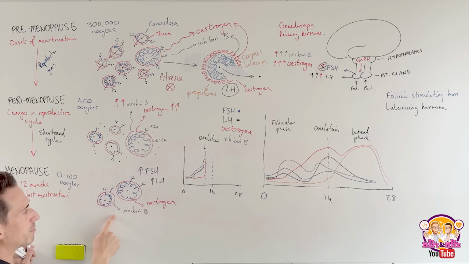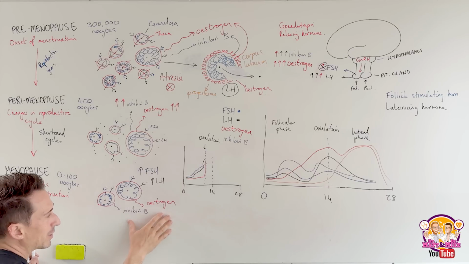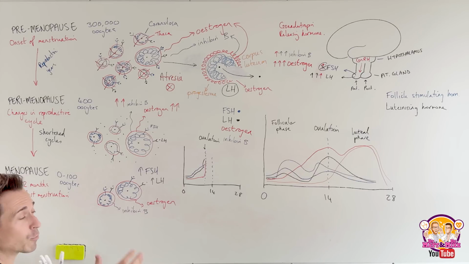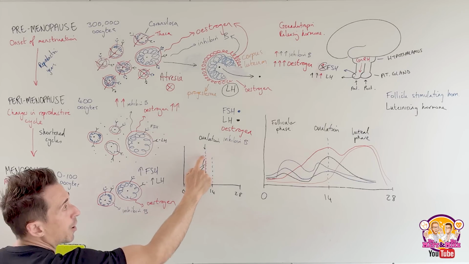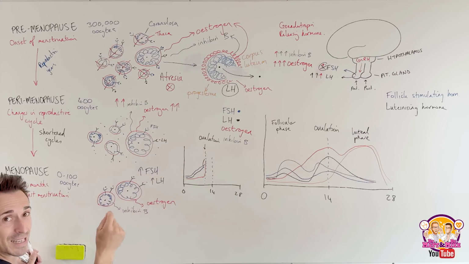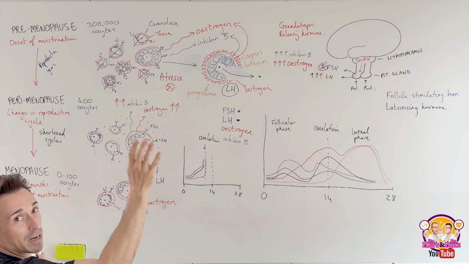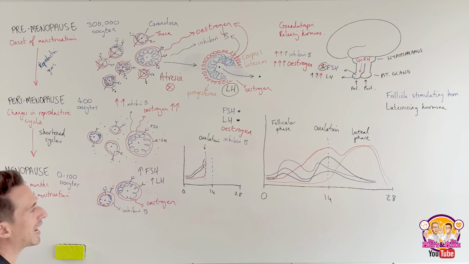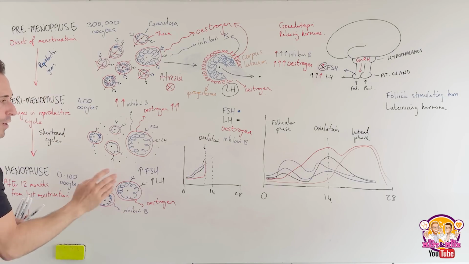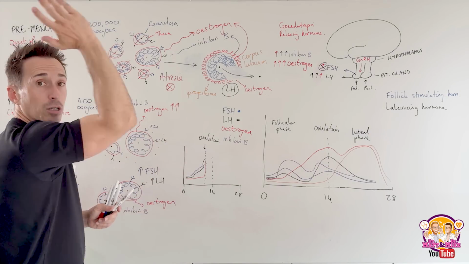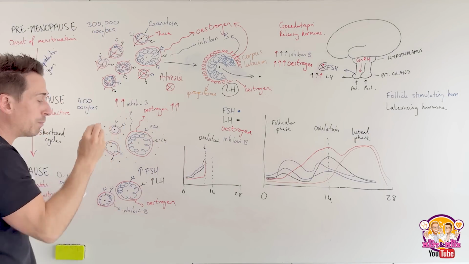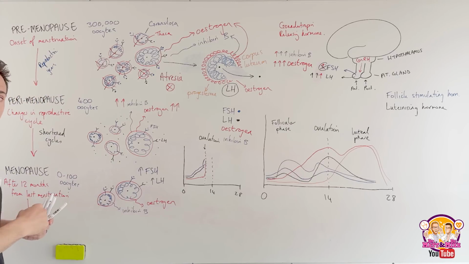But because we don't have many, the estrogen and inhibin levels remain low. We don't get that spike, which means there's no negative effects on FSH and LH. So FSH and LH just remain high, but because estrogen and inhibin are low, we don't get the LH surge, meaning you don't get ovulation. So effectively, in the menopause state, because the estrogen levels are so low, you do not get ovulation.